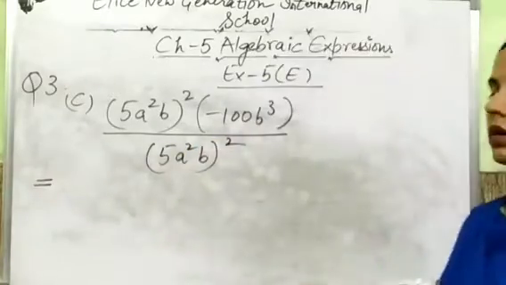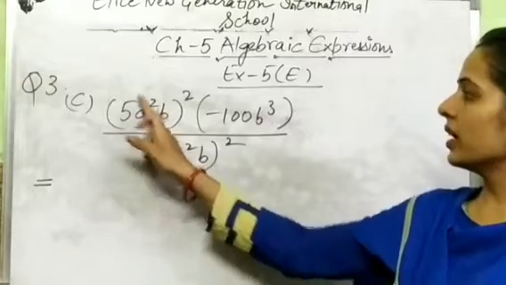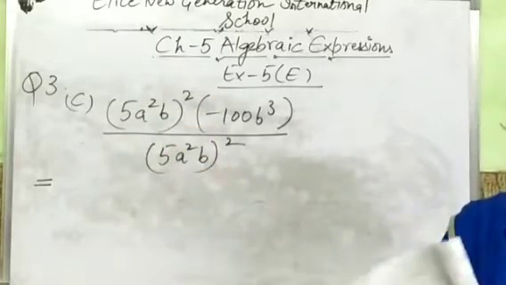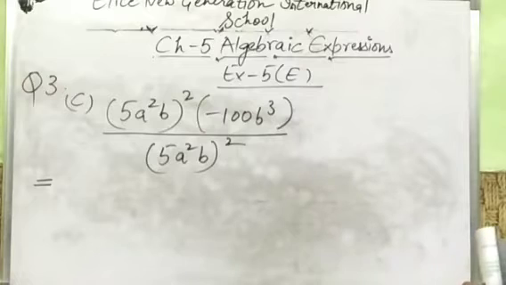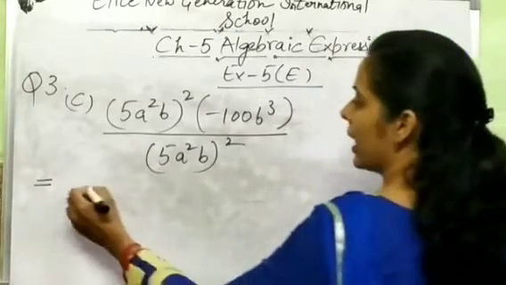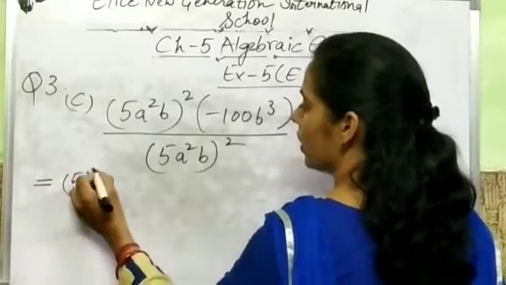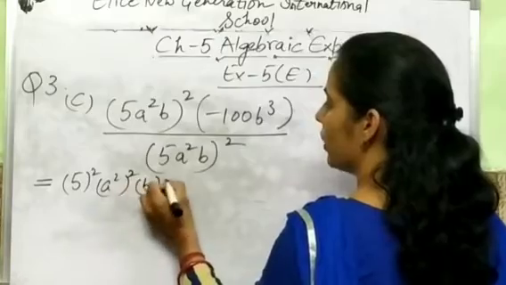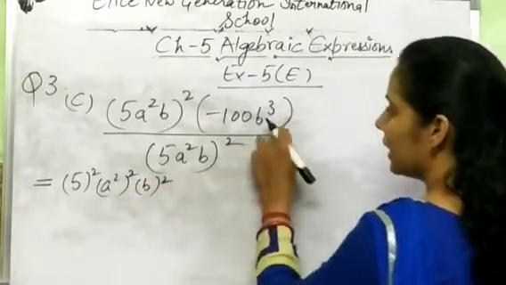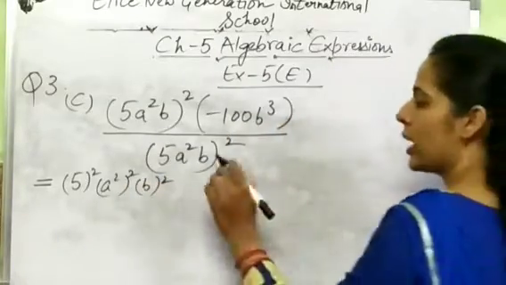You can see these three quantities have whole power 2. So now we need to apply the fourth law of exponent. We need to separate this power across all these three quantities. So write 5 to the power 2, then a to the power 2 to the power 2, and then b to the power 2. This one has no whole power, so write it as it is.